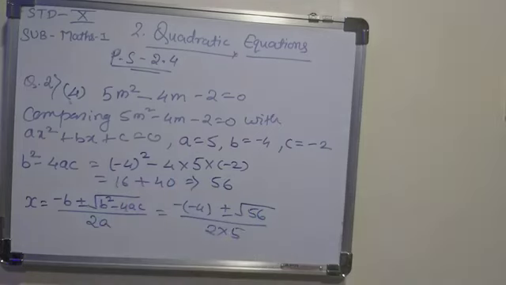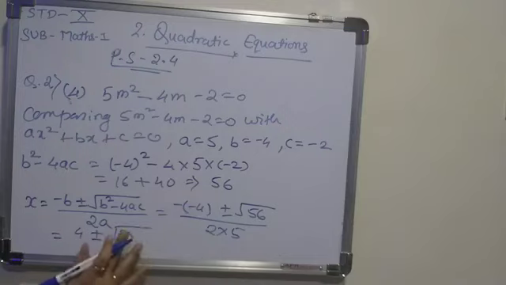Clear? Now minus minus plus, so you write plus 4 plus minus under root 4 into 14 is 56 upon 2 5s are 10.